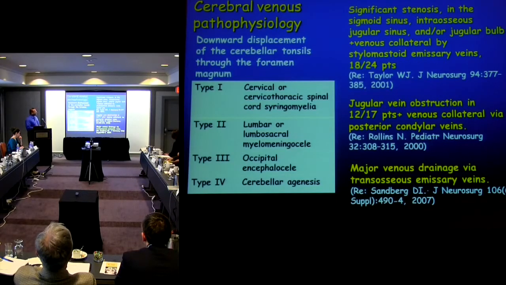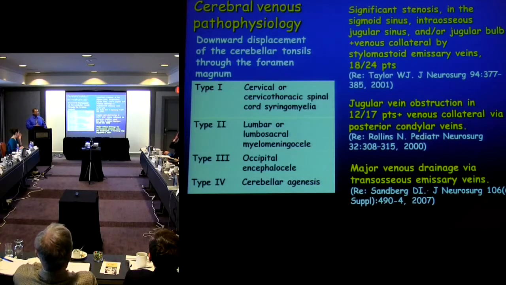Some of them that have been identified are significant stenosis or even occlusion of the transverse sinus, sigmoid venous sinus, and even internal jugular vein. And also the presence of collateral circulation, which may be a consequence of the stenosis or occlusion, in the form of condylar veins and even transosseous emissary veins that you wouldn't see in normal individuals.